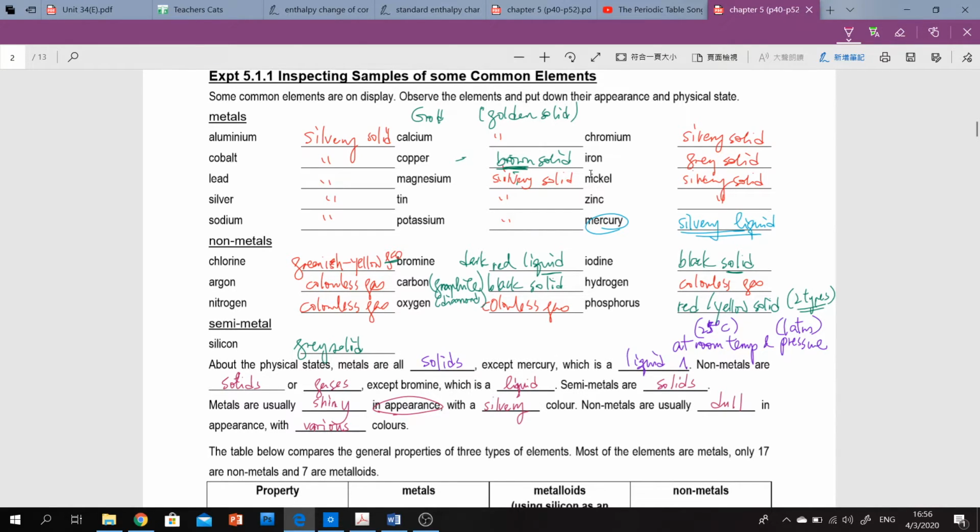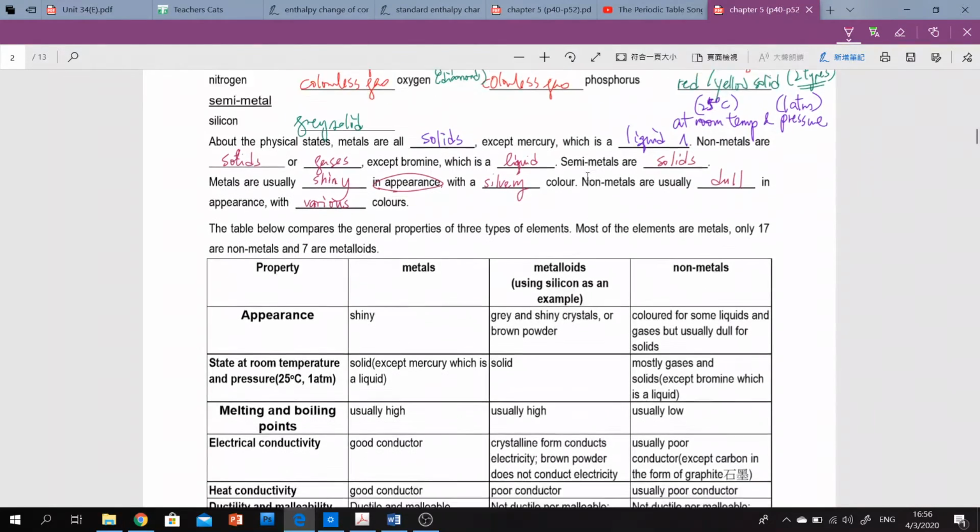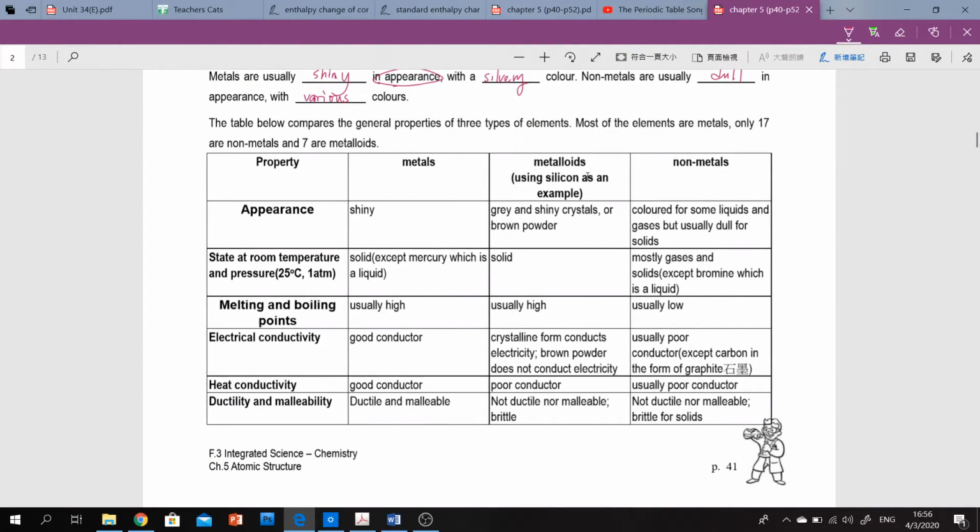Different types of colors are there. The table below compares the general properties of the different types of elements, organized as metals, non-metals, and semi-metals.